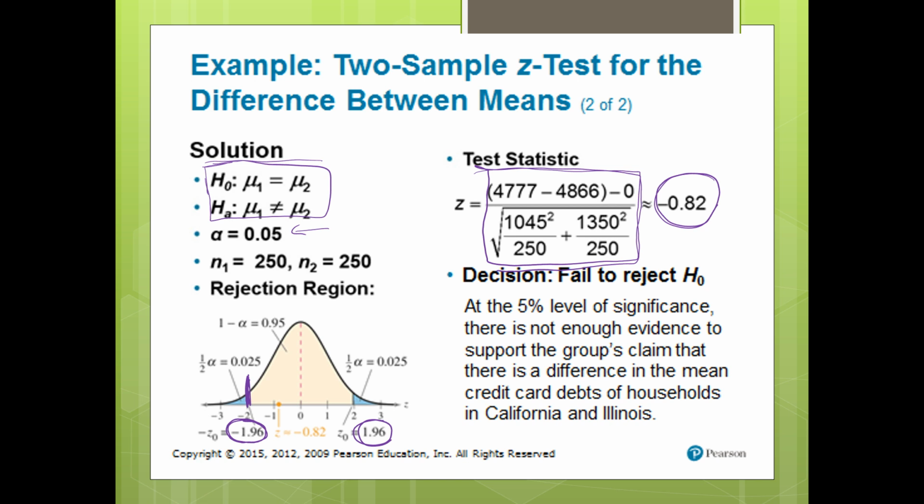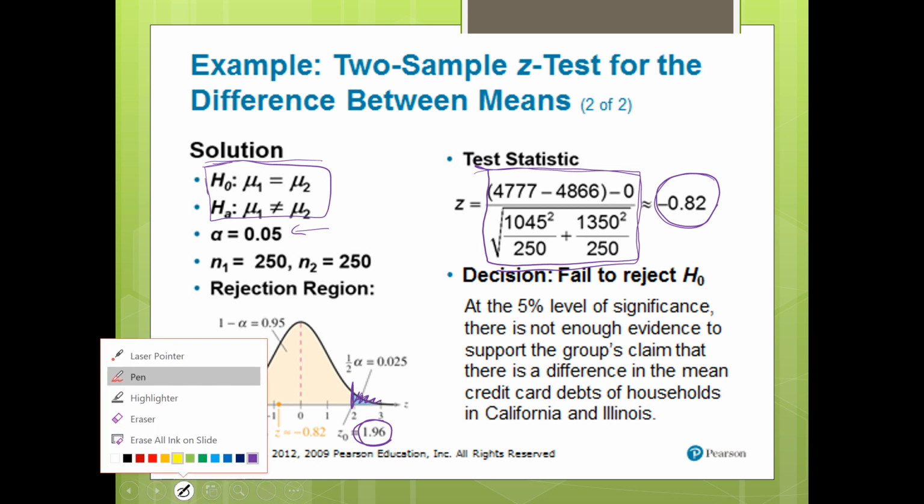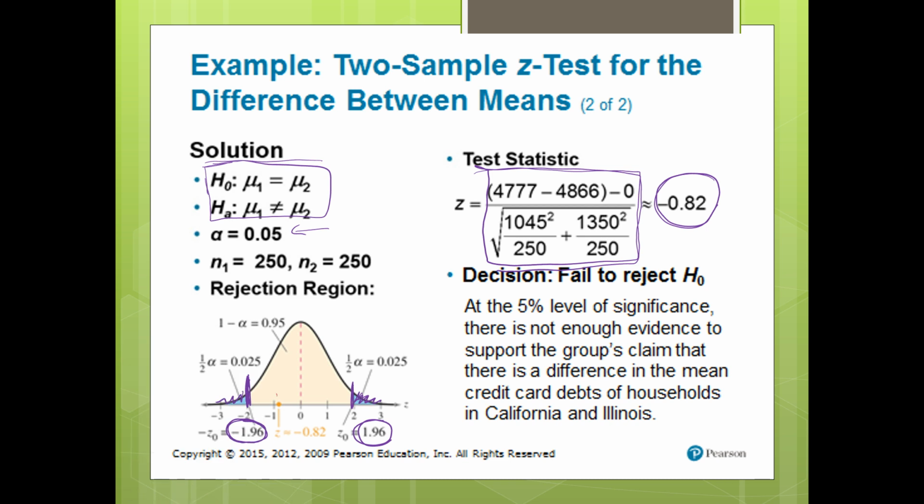That means your rejection regions are anything lower than negative 1.96 or higher than positive 1.96. Our z-score, they marked it here, it's kind of light, so I'll show you, was negative 0.82, which is right around there, definitely not in our rejection region. So that's what led to our decision of failing to reject.